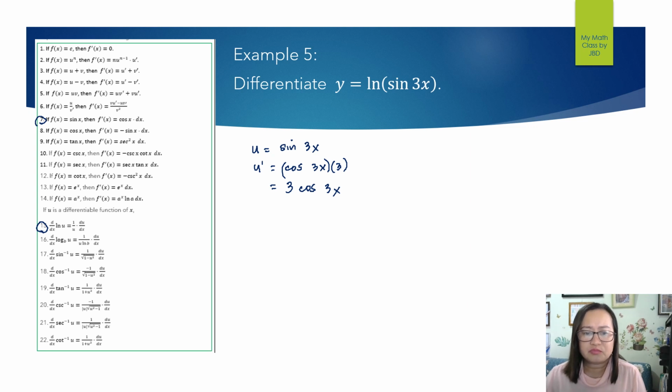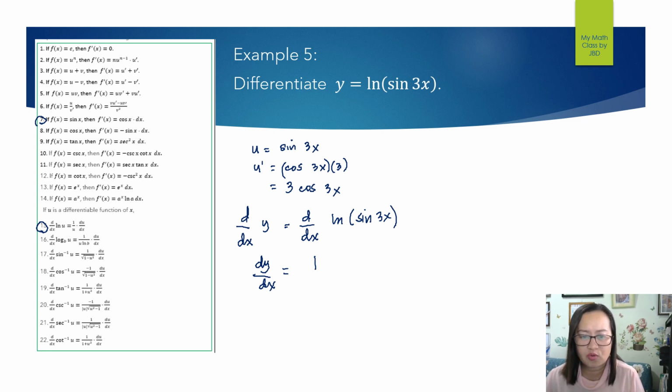Now, we are ready to differentiate the equation. So we get the derivative on both sides. The derivative of y with respect to x is dy/dx. And then to get the derivative of the expression at the right, we use rule number 15.